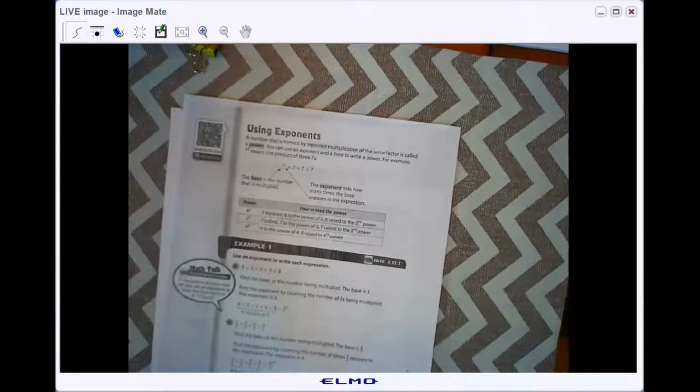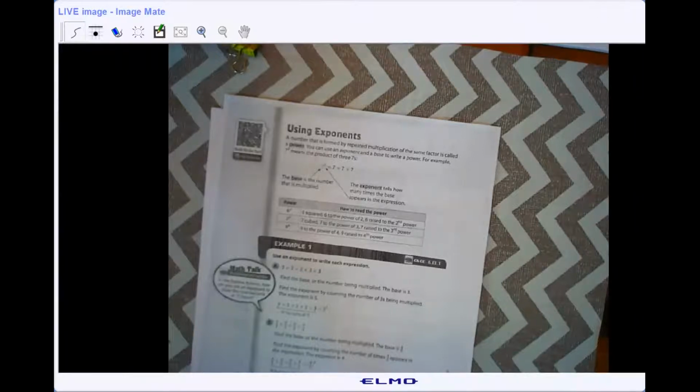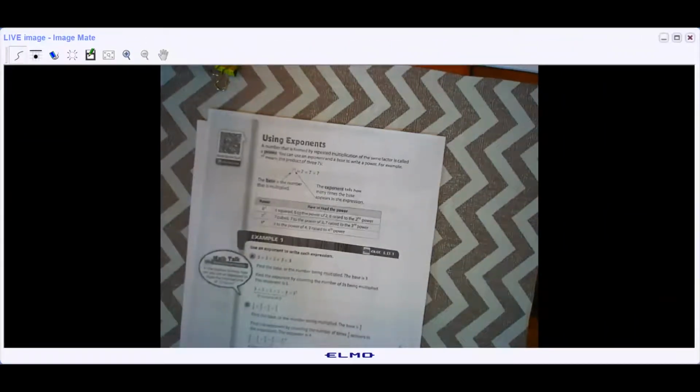Miss Kirby, when I checked my HMH homework, it said I had 38%, but I did it last night. I checked it last night and it said I had 38%, and then I checked it today and it still says 38%.